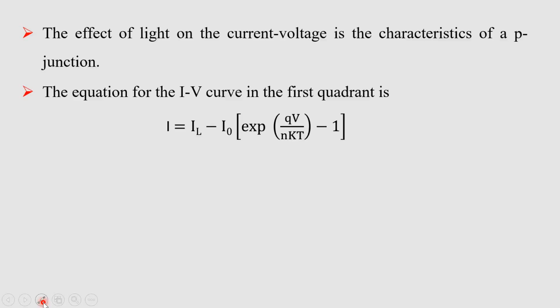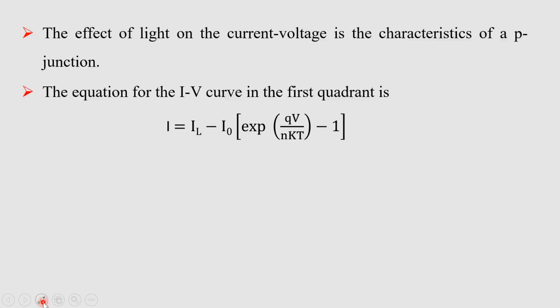That's why IL is positive, meaning IL is the light generated current. In the first quadrant, I is equal to IL, the light generated current, minus I0 times (exp(qV/nkT) minus 1).